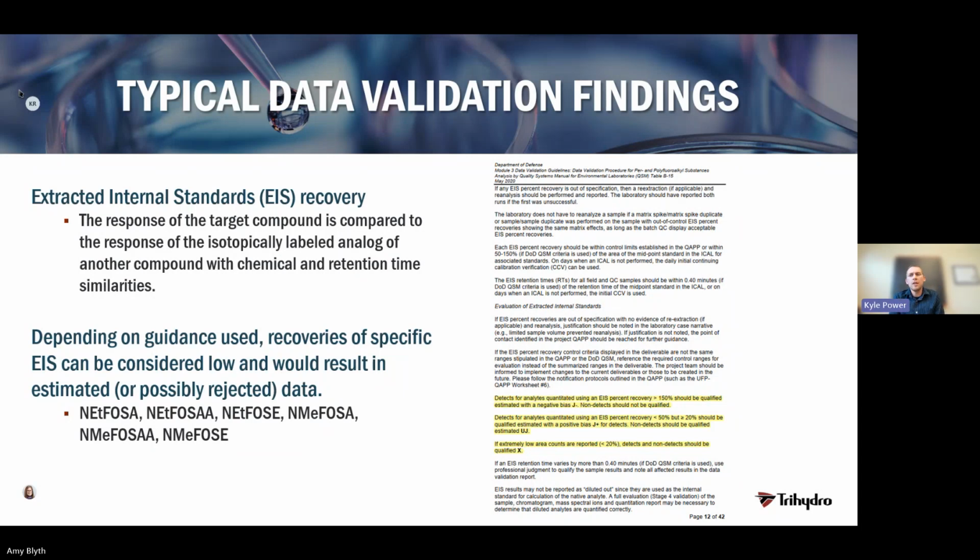I bring this up because when we go through our data validation processes, it really depends on what guidance you're using. I have an image of the Department of Defense section here when it comes to extracted internal standards. They go by a 50 to 150% recovery limit.